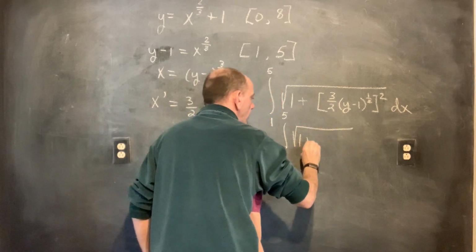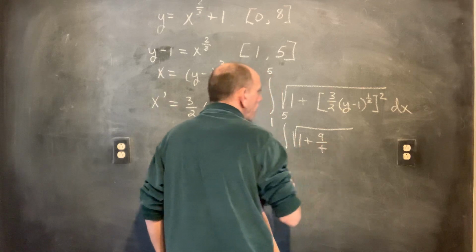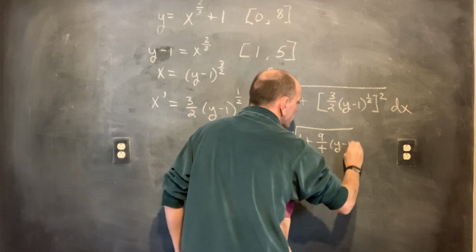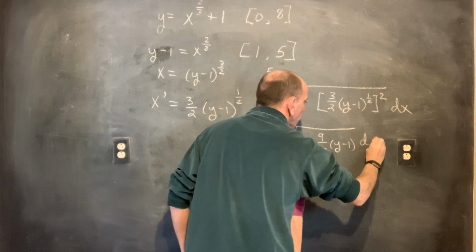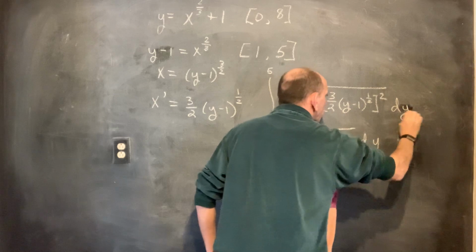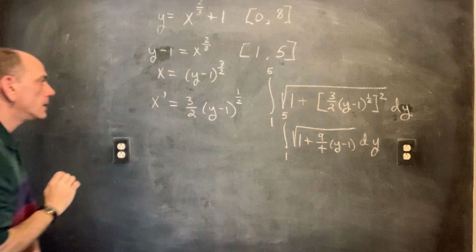Let's see, 1 plus, we've got 9/4, square that up, and then y minus 1. Oops, sorry, this is dy this time. These are y bounds. I've got a function of y, so this is dy, my fault.